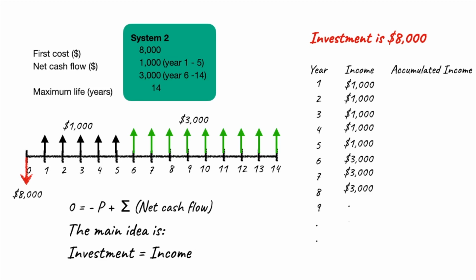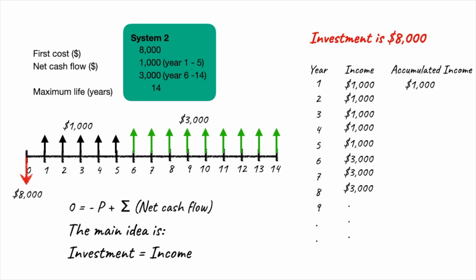Okay, the next step is for you to fill up the third column, which is where you calculate the accumulated income. How do you calculate the accumulated income? Simply accumulate it. If you look at the first row, the income is $1,000, so you have accumulated $1,000.